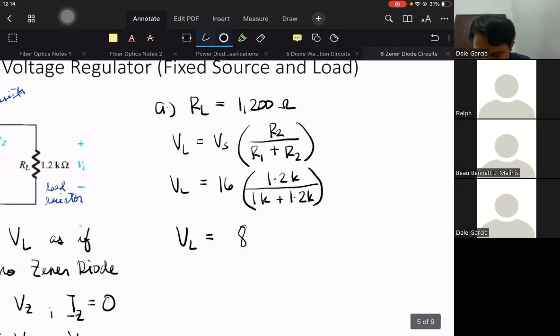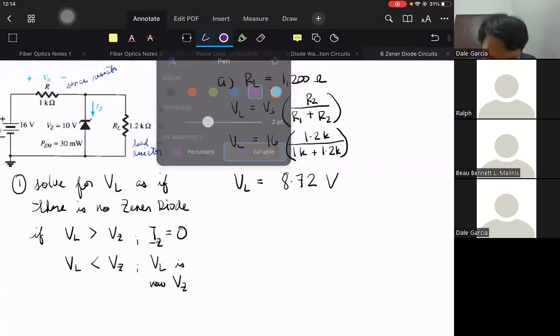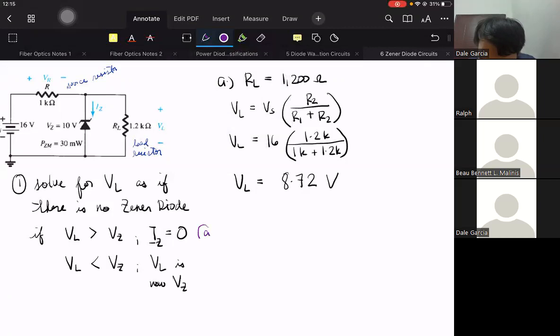So VL is 8.72 volts. Case A or case B? B, sir. B. So in this case, our Zener diode is not working.